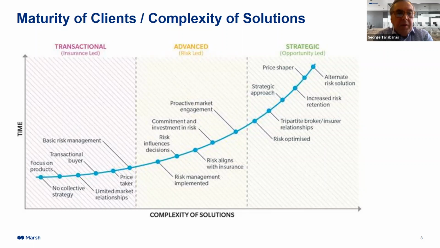Yeah, thanks, Andre. We quite often use this slide when we're talking to clients in terms of what sort of risk financing strategies they want. Where do they want to be now, and where do they want to be in the future?